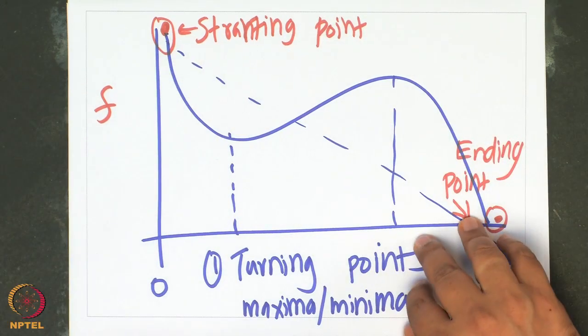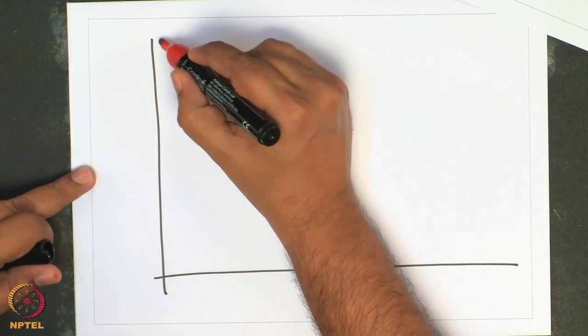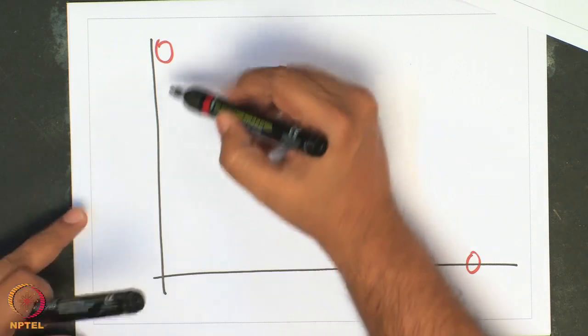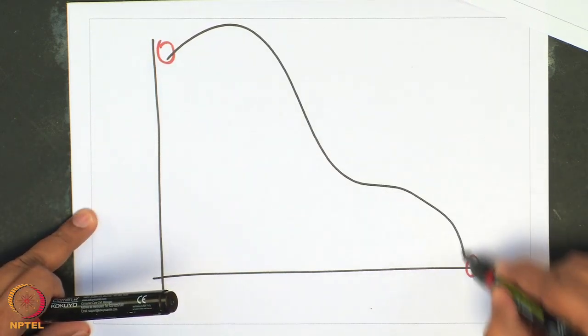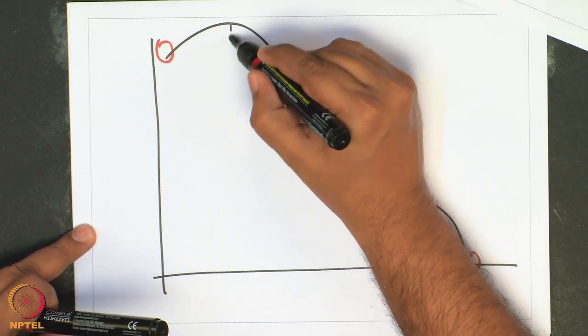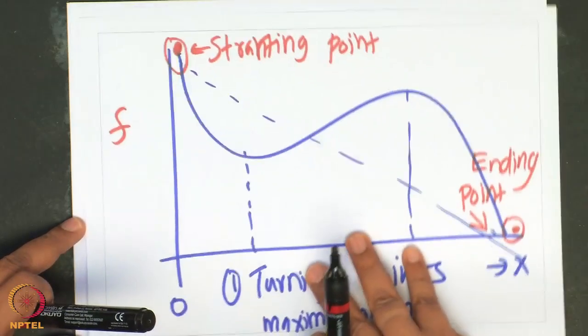I could have a very similar curve, but with a different behavior. Let us say I could have some function like this, with a starting point here and an ending point here. Instead of like this, I might have the function like that. So, the turning point here is different from the turning point that we had drawn previously.